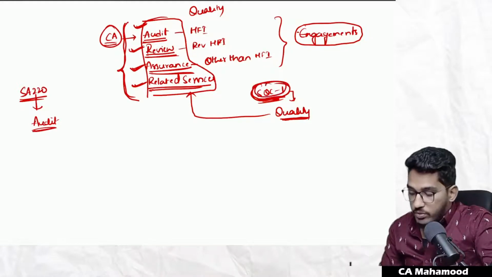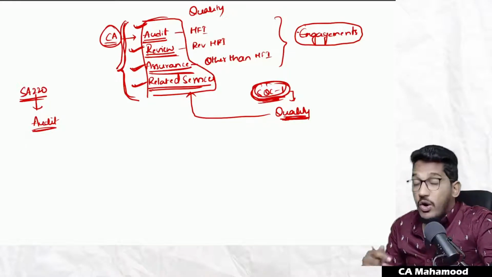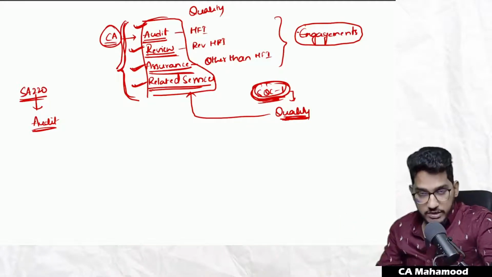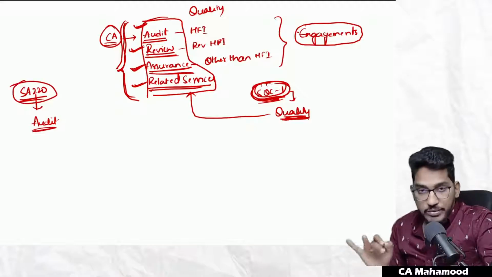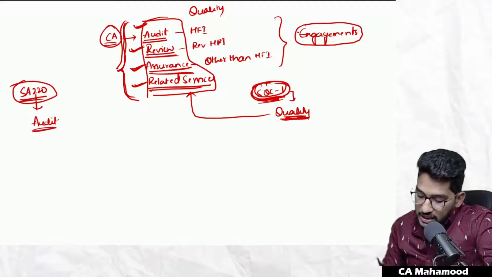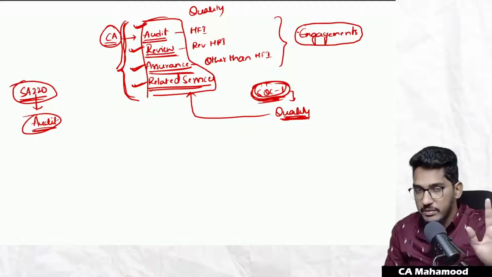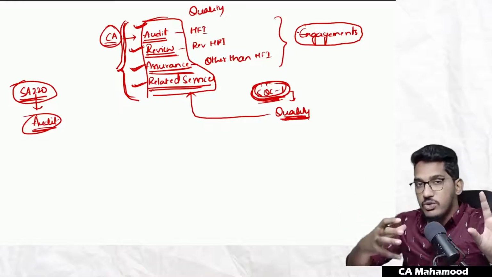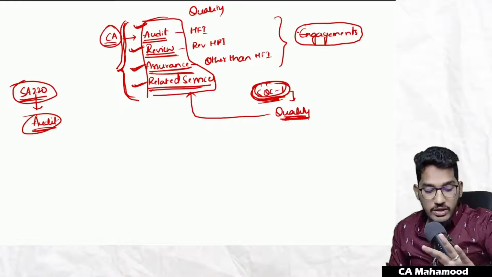SQC1 talks about how to maintain quality control in all kinds of engagements which an audit firm will do. But SA 220 is going to talk about how to maintain quality only in terms of audit assignments. It talks about how you can do the audit in a qualitative manner, and that is addressed by SA 220.